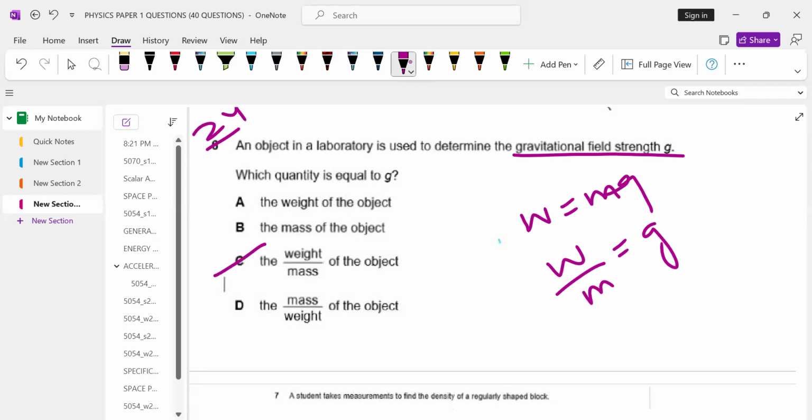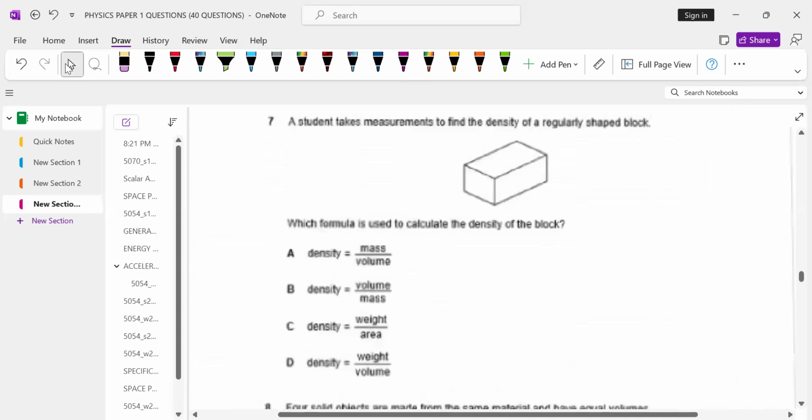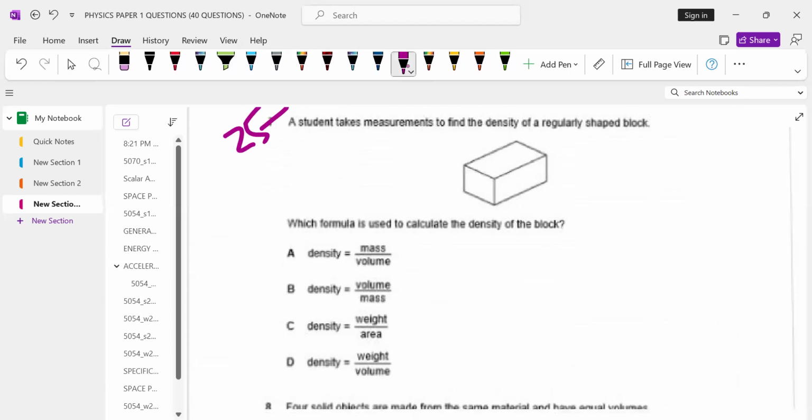So option C is correct for question number 24. Question number 25. A student takes measurements to find the density of a regular shaped block. Which formula is used to calculate density? So density equals mass upon volume, which is option A.